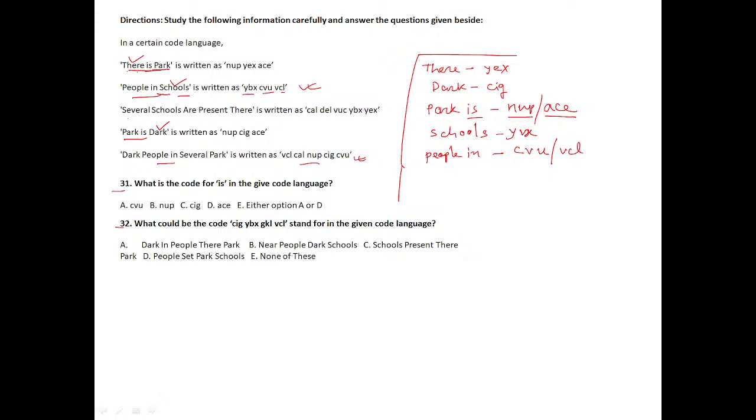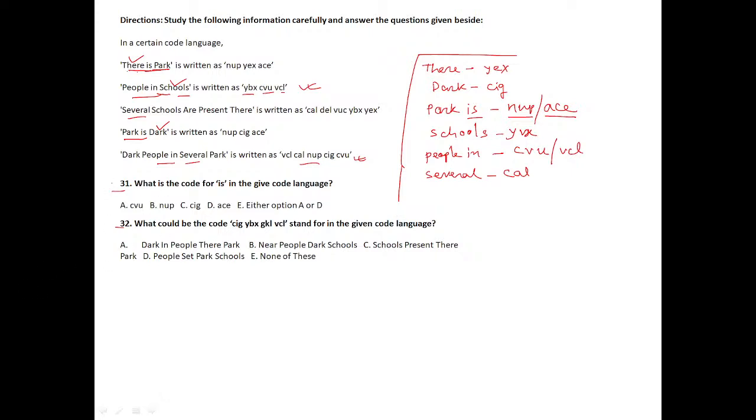Several schools, so only several we can take here. So what is several? Several code is CAL, only CAL, right? So several is here, schools already we have found out, and now are present there. So nothing seems to be very feasible right now. Let's move to question set here.